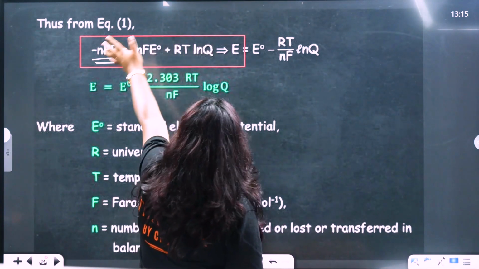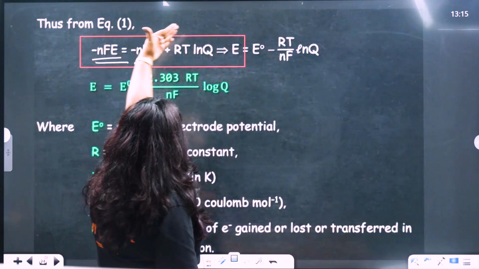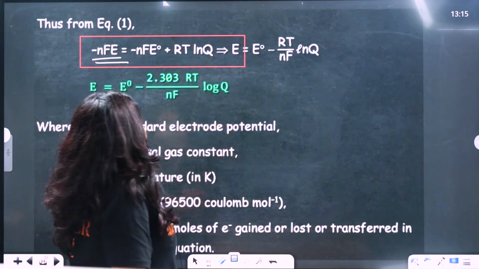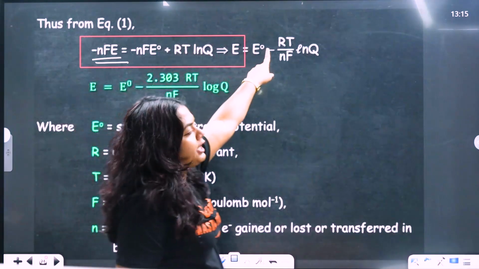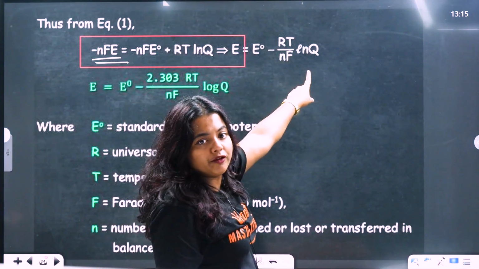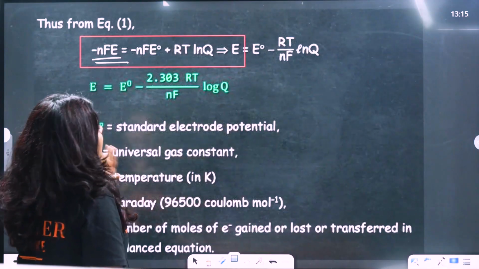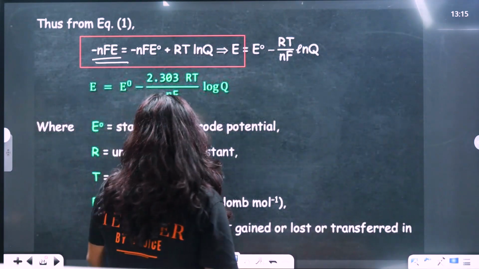This is actually given with the sign on the opposite side. So E is equal to E naught minus RT divided by NF, times ln Q. They have converted the minus and given it here. Putting it all together, we get an equation.